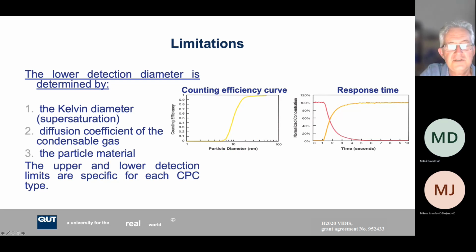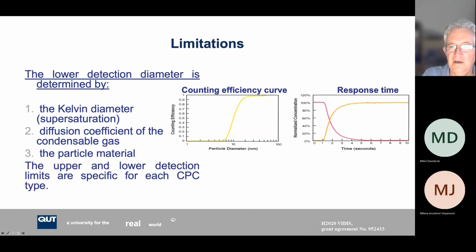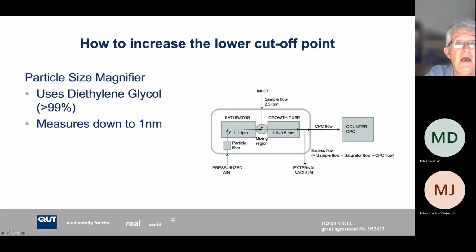Okay, so I'll continue with the limitations. So we were talking about the response time, and it's around a second. There are new type particle counters which can go down to 0.1 of a second, but they're of a different principle. We'll cover them here. How to increase the lower cutoff point of a particle counter?